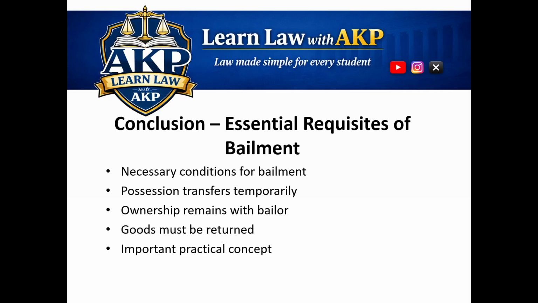We also understood these principles through the case of Ultzen versus Nicolls. So remember, delivery, purpose, return, and temporary possession are the foundation of bailment. For exams, always remember essentials, examples, and case law you can write.